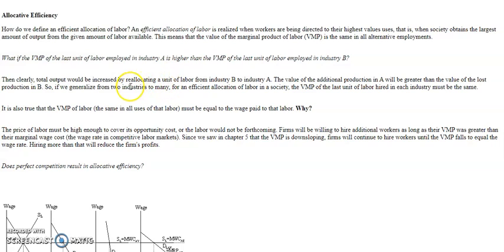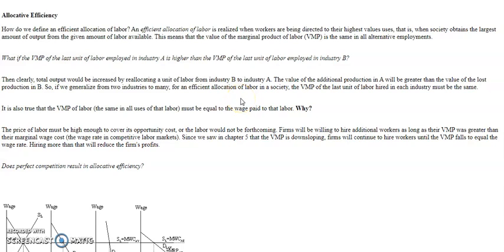Here, labor is reallocated from industry B to industry A. The value of additional production in A will be greater than the value of the lost production in B. The labor is shifted from industry B to industry A, so the output of industry A will increase.